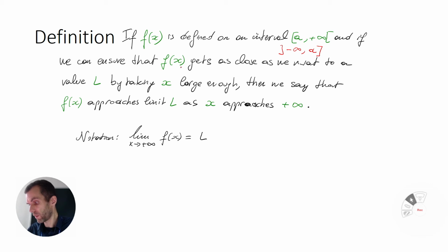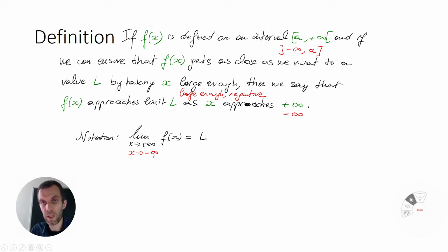And f of x has to get as close as we want to a value L by taking x large enough but negative, and then we say that f of x approaches the limit L as x approaches minus infinity, and here in the notation we say x goes to minus infinity.